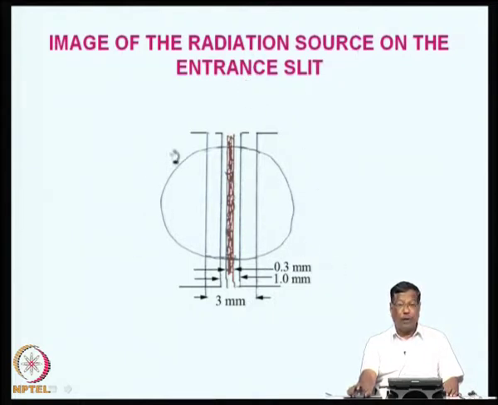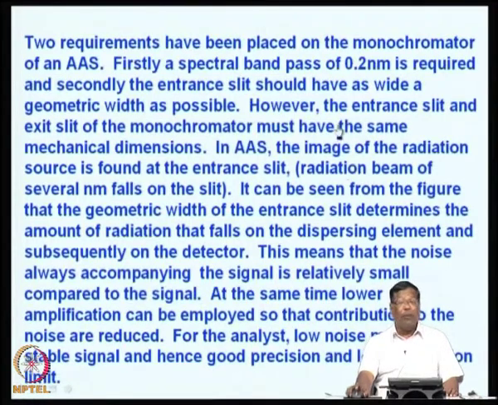This is what I am talking about right now. The middle one is 0.3 mm, the outside one is 1 mm, and the exterior-most is 3 mm. So, the image of the entrance slit is also very important.